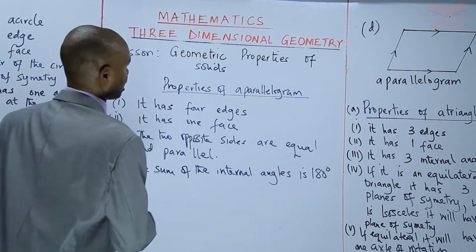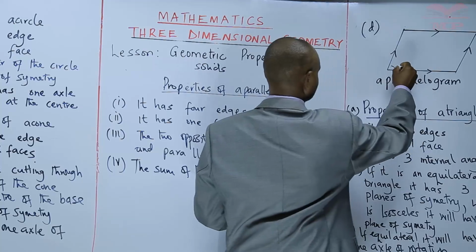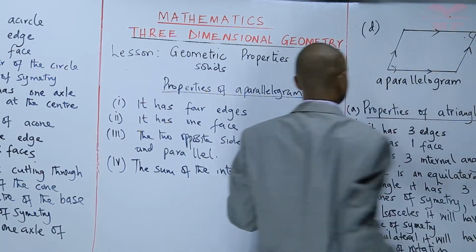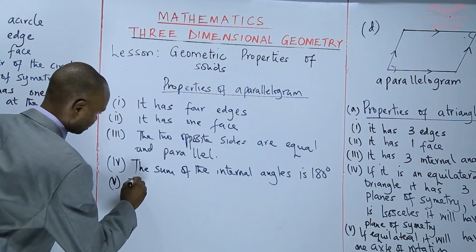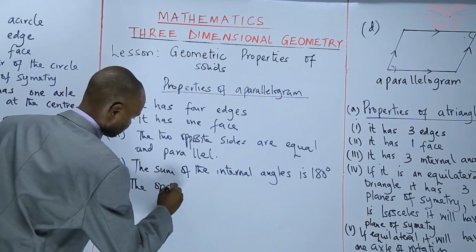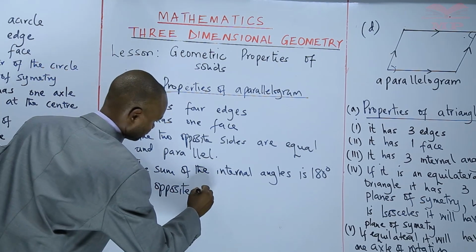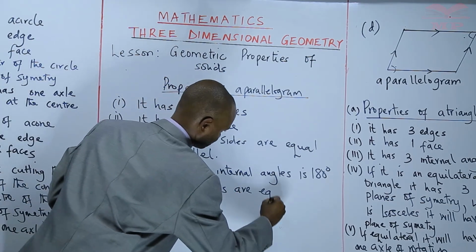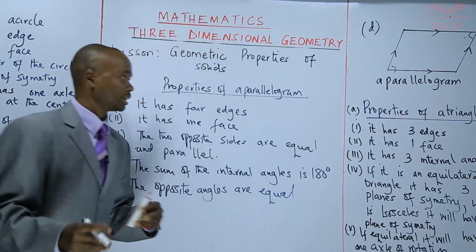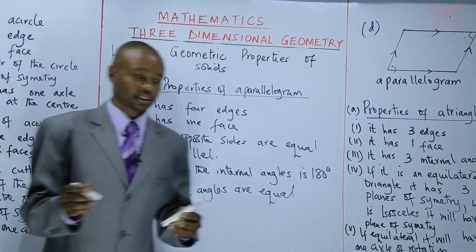You can also add another property. The opposite angles are equal. Note that the opposite angles are equal.